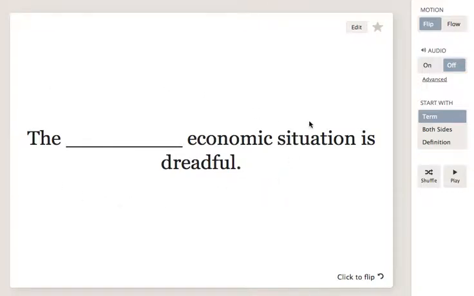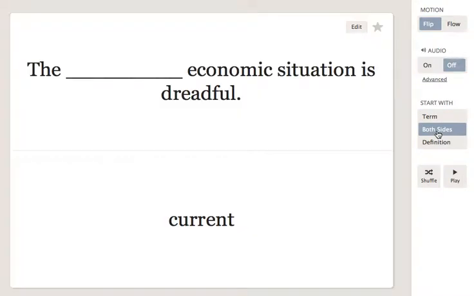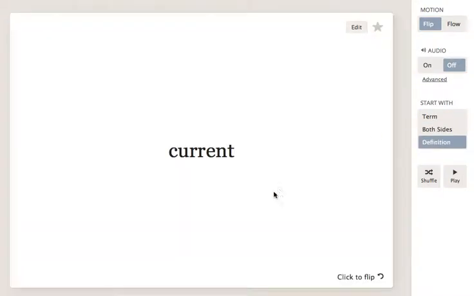As I said in the first video, you can start with the term, which is the front of the card. You can start with both sides, or you can start with the definition, which is the back of the card. If we start with the definition, the whole thing becomes a lot more difficult, but, well, let's say more challenging, because it gives you the chance to test your memory on the whole phrase rather than the word. Can you remember the original?